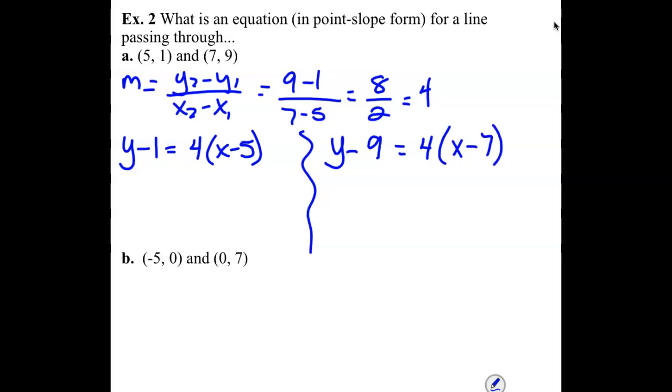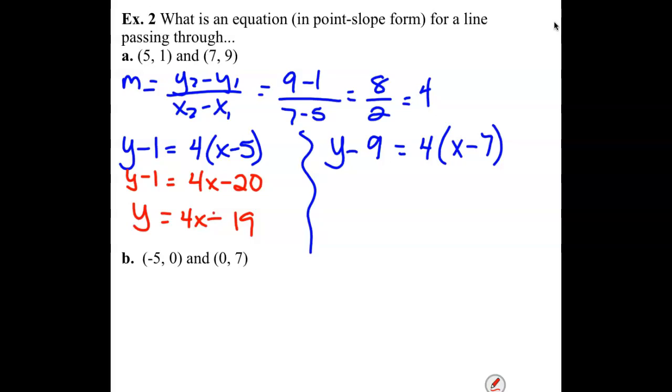They don't look anything alike, do they? But they should be the same equation because they're the same line. This is why we've been simplifying them to slope-intercept form. In point-slope form, they don't match. But if I were to simplify these, I get y equals 4x minus 19.